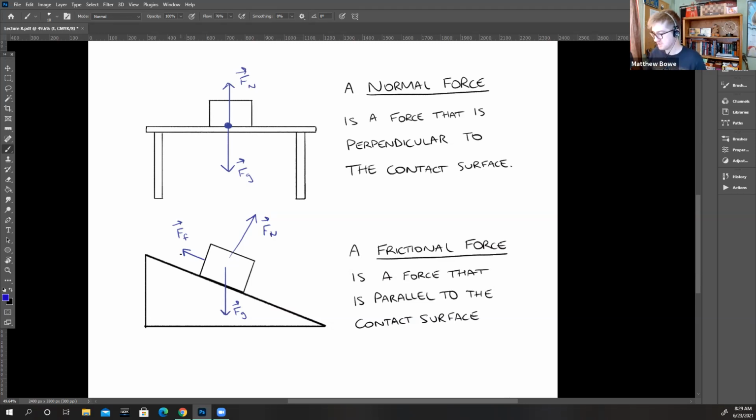This frictional force is something that opposes motion.